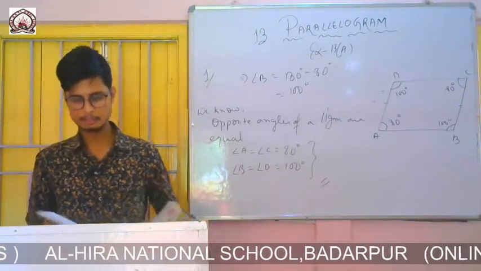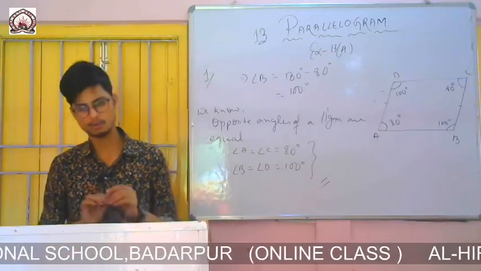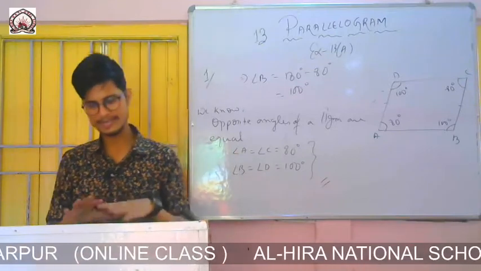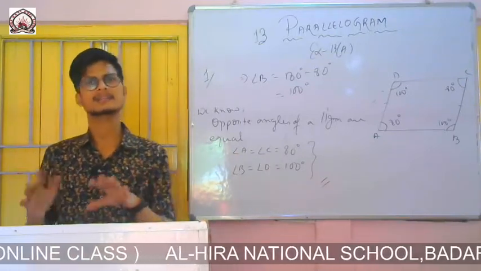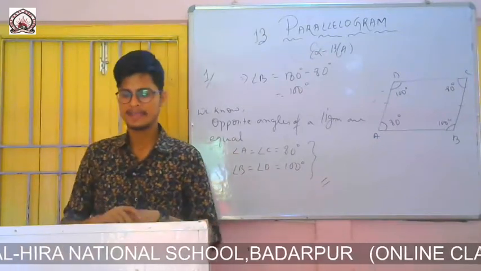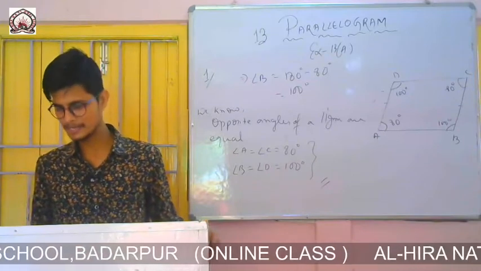Now question number 2. Two adjacent angles of a parallelogram are congruent. What is the measure of each angle?